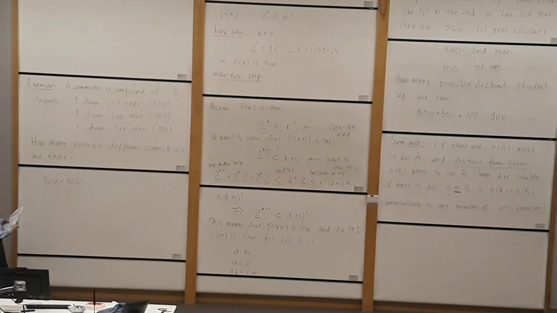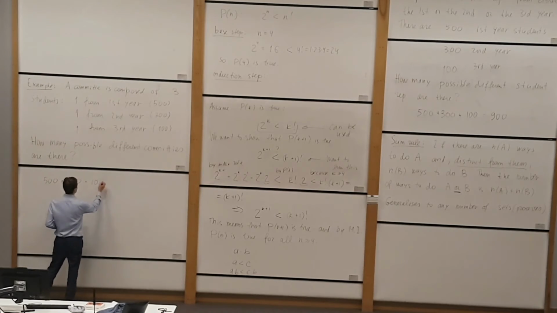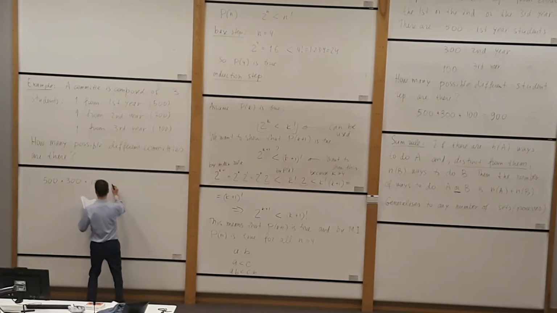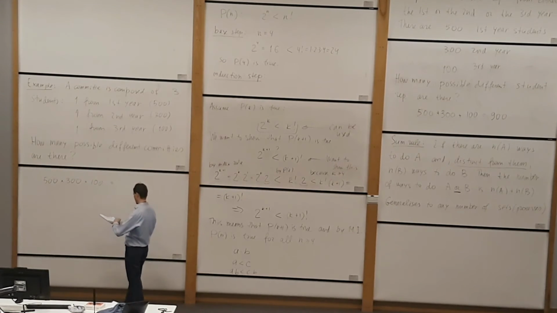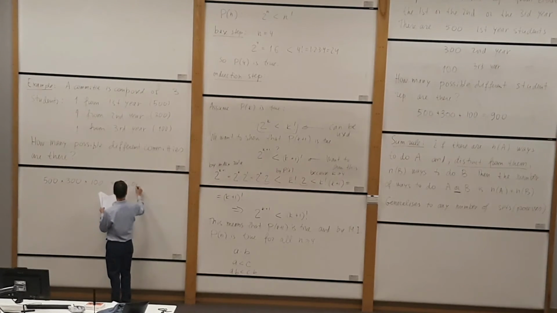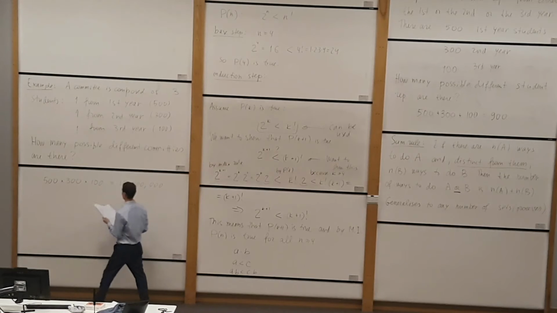Once I have chosen the first year rep and the second year rep, for each pair I still have to choose the third year rep, and I have 100 choices. So I have to multiply the number of pairs by 100. So that is the final answer for this problem: 15 million different possible committees.